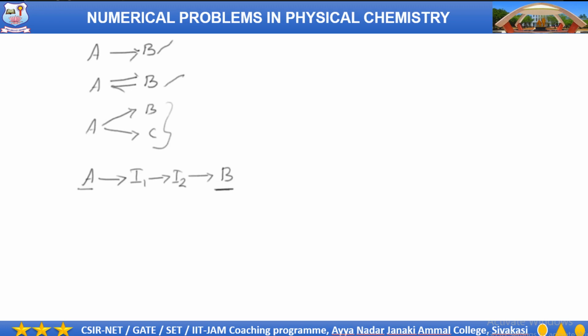In that, the first step, the reactant giving some intermediate, we call it the initiation step. You all know that one. The last step, which is giving the intermediate to product, we call it the termination step. And all other intermediate steps are called the propagation step and so on.